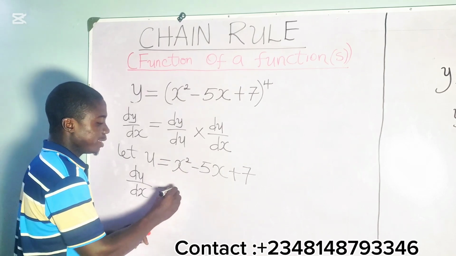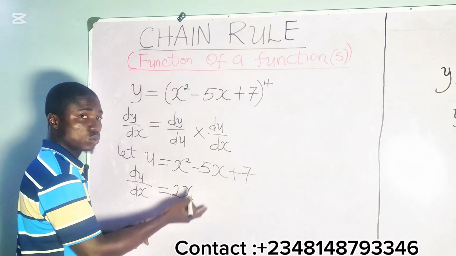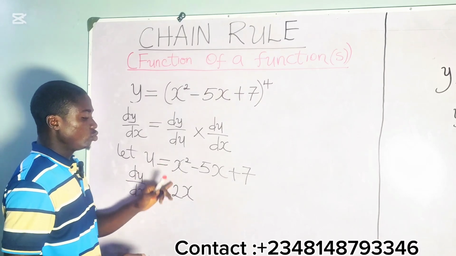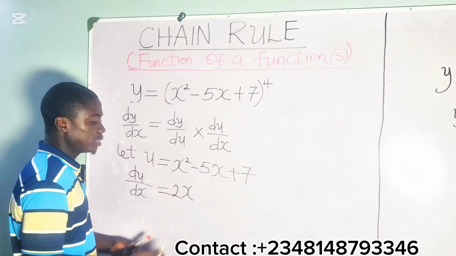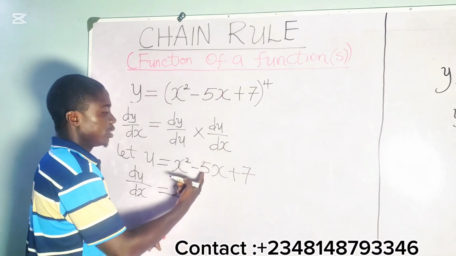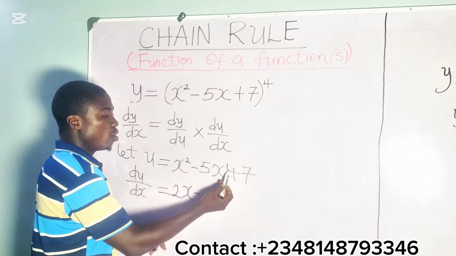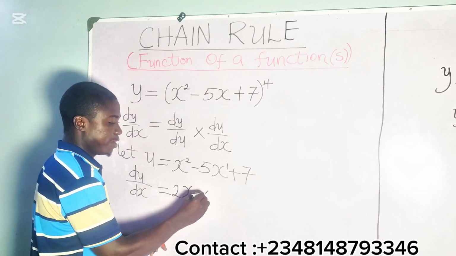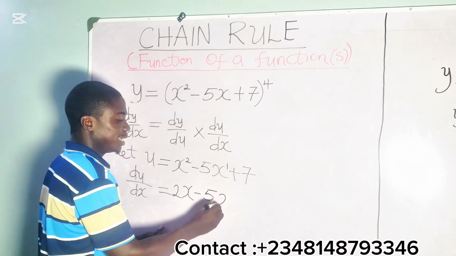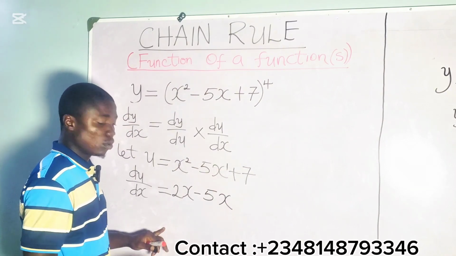So 2 multiply x is 2x. 2 minus 1 is 1. So 2x raised to power 1 is the same thing as 2x. And we have minus here. x here is raised to power 1. So 1 multiplies 5 is 5. You attach x. 1 minus 1 is 0.